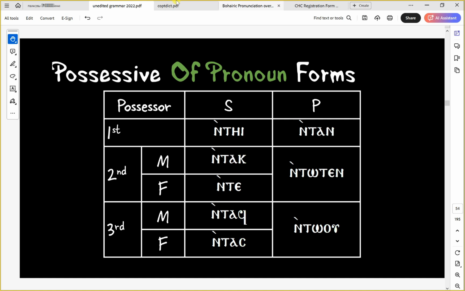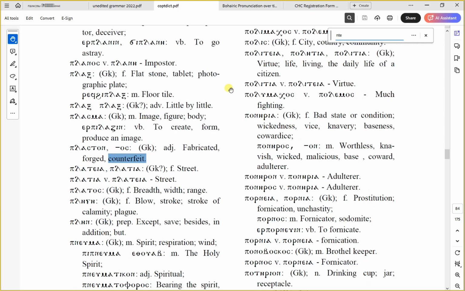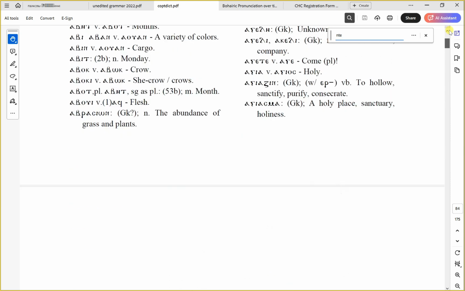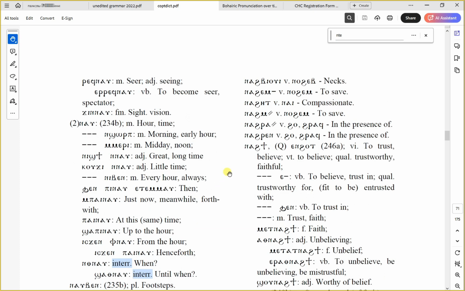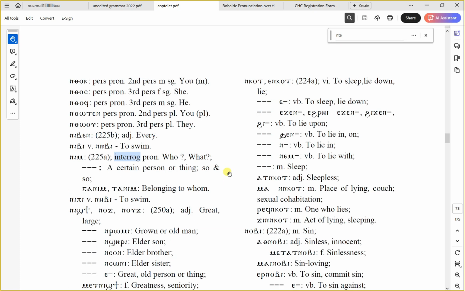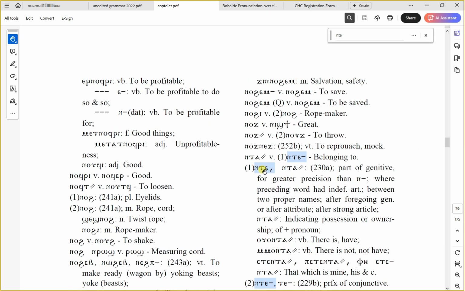So if you look at this in the dictionary, this one I'm pretty sure should show up. If I look up ente, oh, this is gonna be annoying. Okay, let me just go alphabetically. So if I look up ente alphabetically, here, ente or enta, and you see these two dashes, right? These two dashes are saying put a pronoun here.